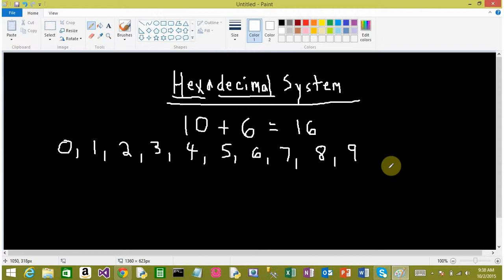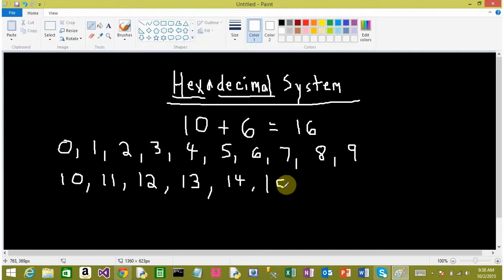Since we're out of actual numbers from 0 to 9, we need to figure out what the other 6 numbers are. So for 10, 11, 12, 13, 14, and 15, that'll make up our 16 numbers.